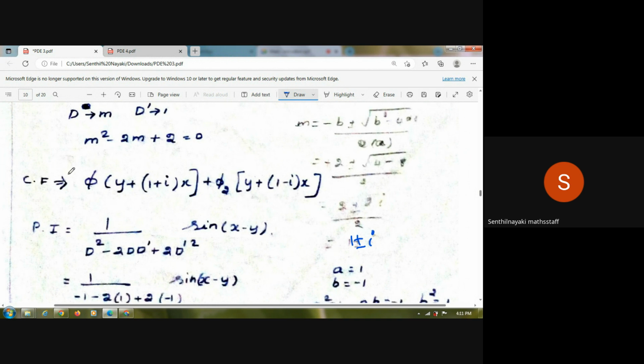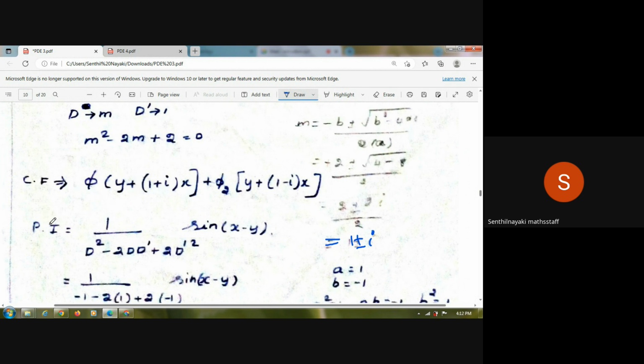So the complementary function for these complex roots is phi 1 of (y plus (1 plus i)x), the first root, plus phi 2 of (y plus (1 minus i)x), the second root. Now we have found the complementary function.